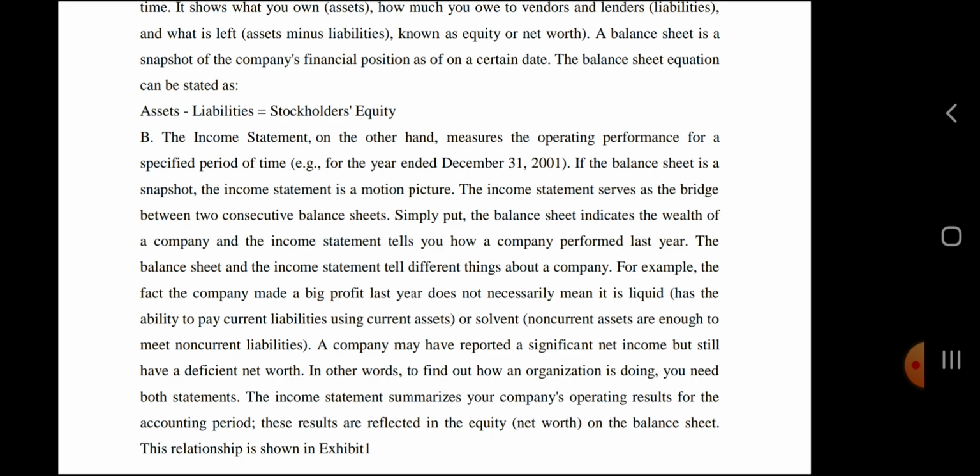Okay, so the financial statement analysis helps the owners as well as the outside users. It helps the owner to take the right decision. It helps the users to invest or not invest in the business or in the organization.